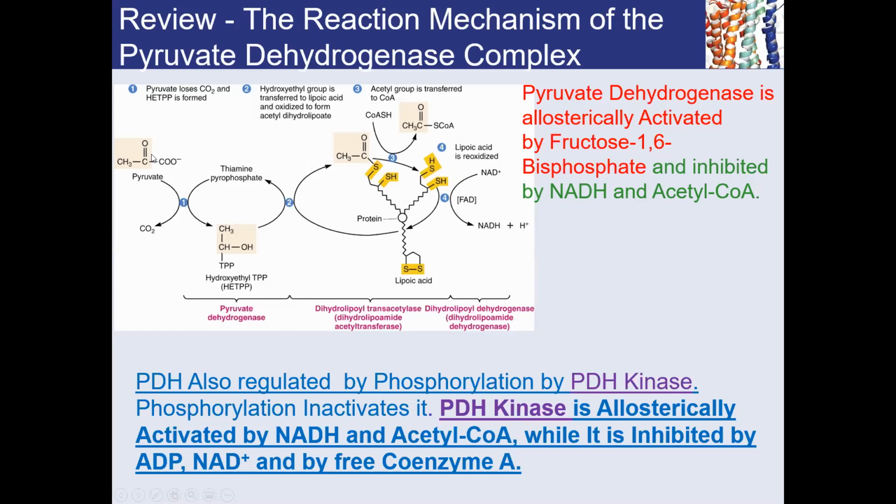Well, pyruvate will be brought into the E1 enzyme active site, and with the help of thiamine pyrophosphate, it will be converted to hydroxyethylthiamine pyrophosphate, also known as HETPP. And then that intermediate is then shuttled to the second enzyme, which will be E2, which is right here in the central, dihydrolipoyl transacetylase, where acetyl group will be transferred to the lipoic acid.